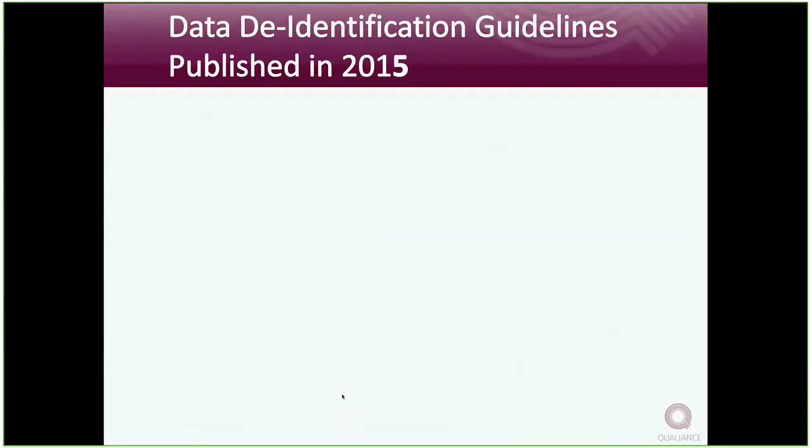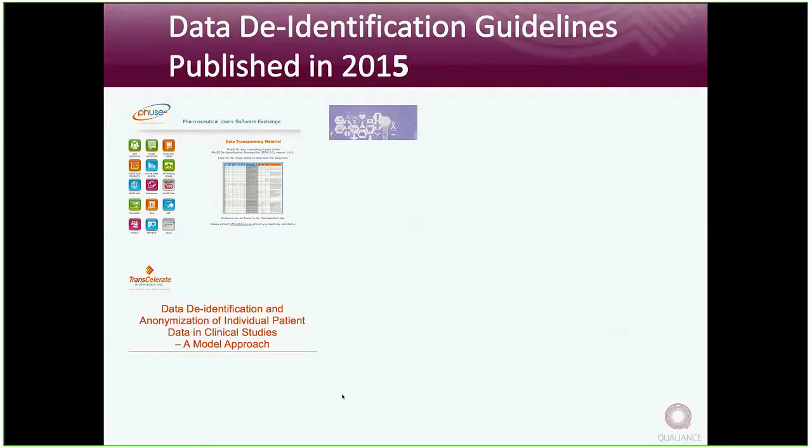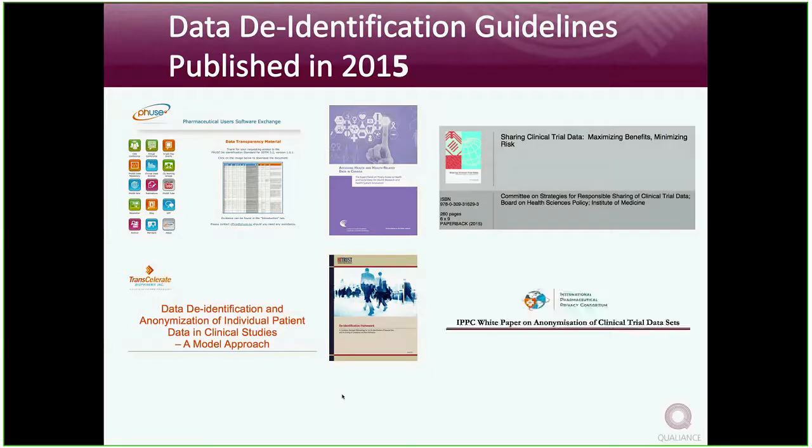In terms of guidelines, this is just what was published in 2015, which was a very productive year when it comes to data identification guidelines. And they come from Europe, they come from US, Canada, and all those guidances are mainly consistent with each other, but there have been quite many written and updated since then.